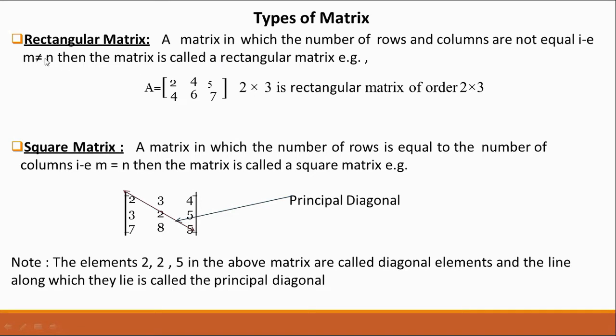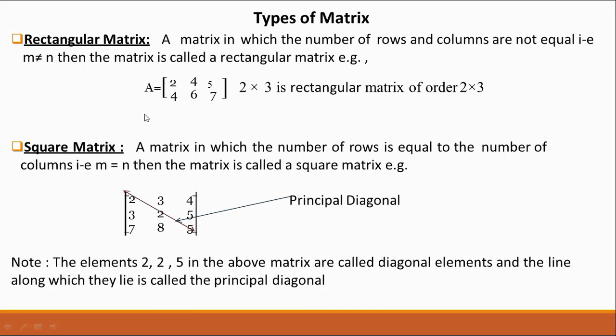If m does not equal n, meaning if the number of rows and number of columns are not equal, then the matrix will be a rectangular matrix. For example, in this matrix, there are 2 rows and 3 columns. So the order of this matrix is 2 by 3. From this order, we notice that the number of rows and the number of columns are not equal. So this is a rectangular matrix.